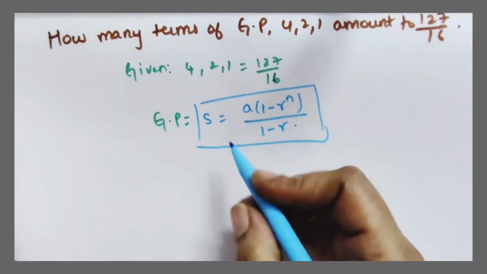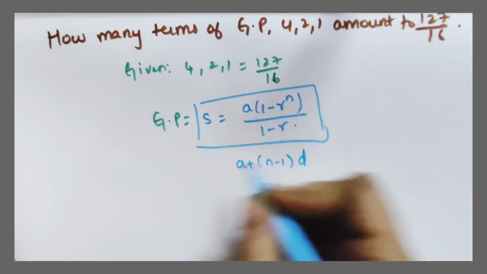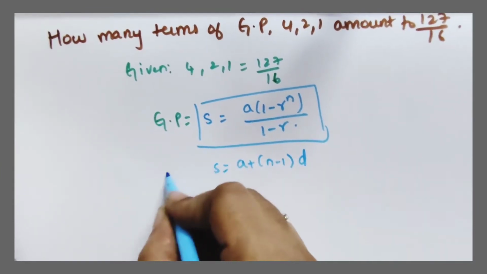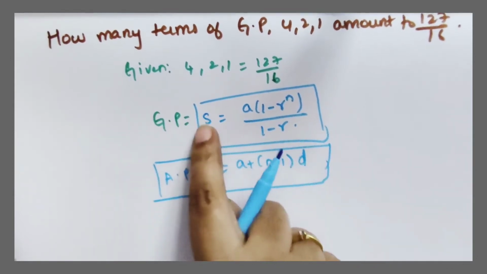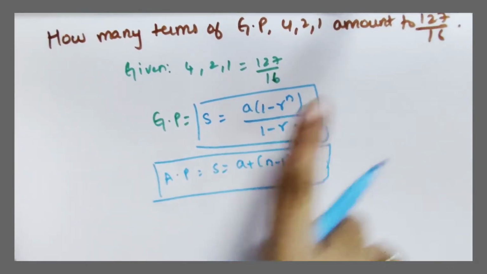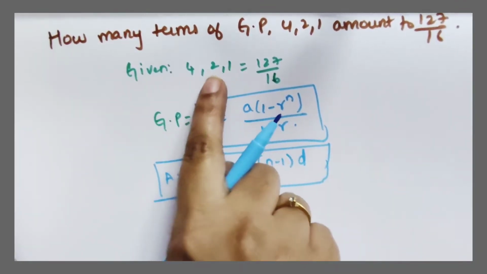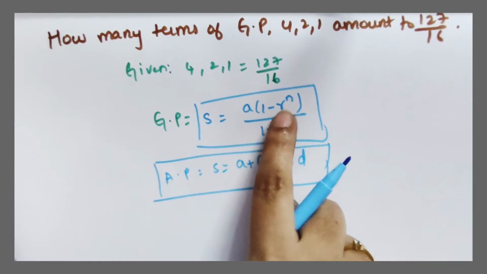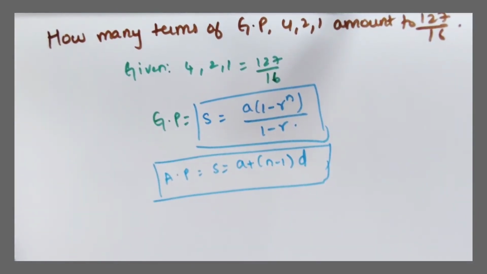For AP it was n by 2 into 2A plus n minus 1 into D, that was for arithmetic progressions. So now we will see the sum value he has given as 127 by 16. A value is the first term, R we will find out, any term divided by previous term. So we have to find this n value over here.